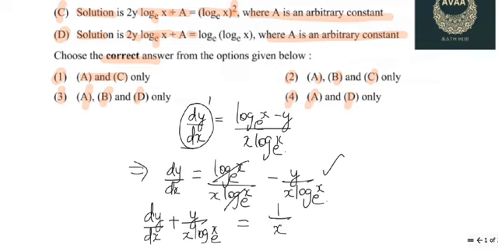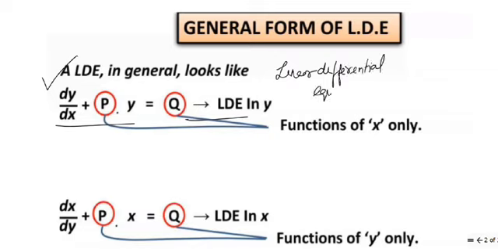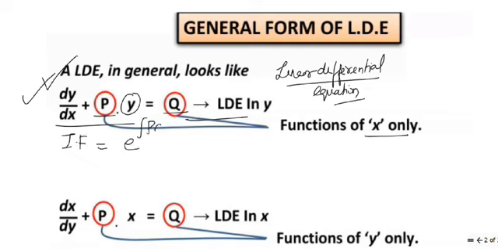I assume you are familiar with the linear differential equation. Whenever a differential equation appears in this pattern, it is said to be a linear differential equation. Our question also matches this pattern because we have got the first order derivative, and then y along with a function of x, equal to another function of x. So we can follow this pattern. In order to solve, we need to find the integrating factor first, that is e power integral p dx.